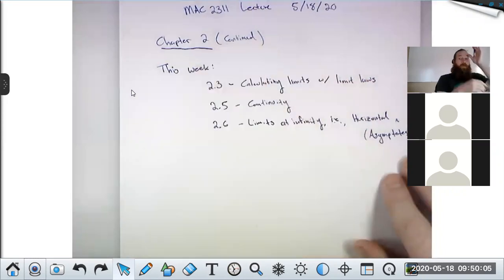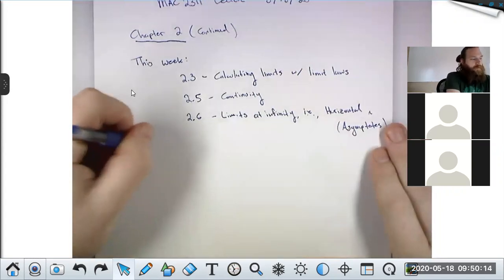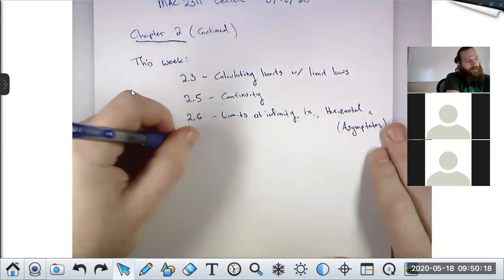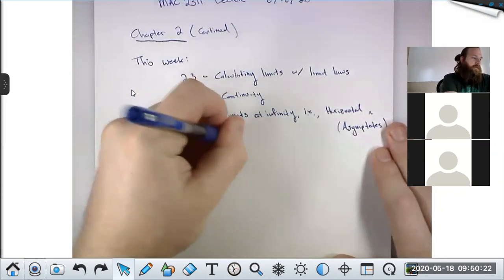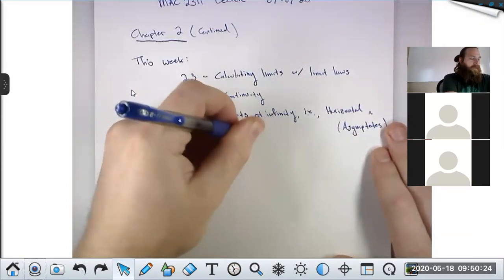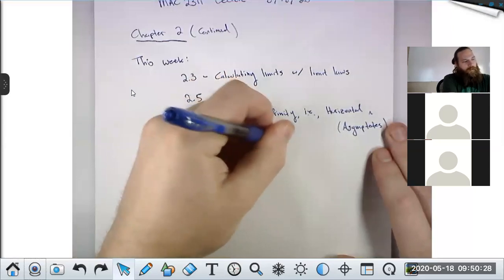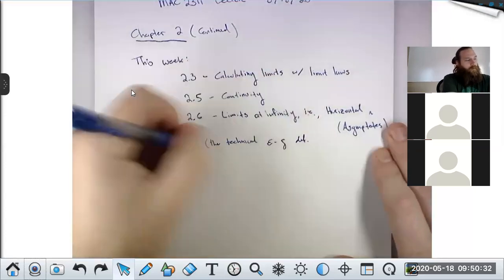So we'll be looking at what happens as you send x to infinity in 2.6. You notice we're skipping over 2.4. Which is on the technical, i.e. epsilon delta definition of a limit.